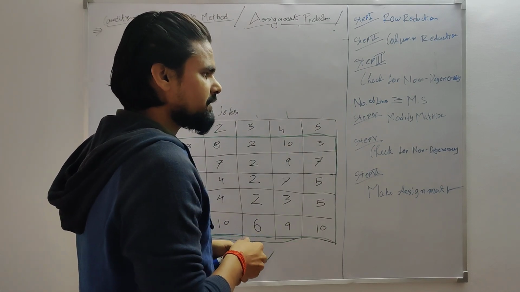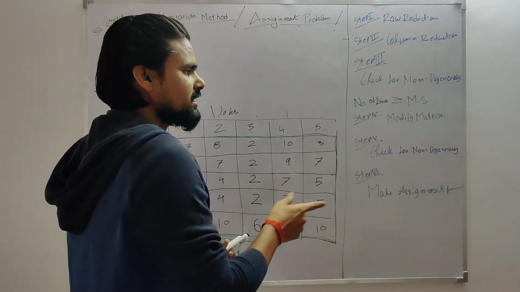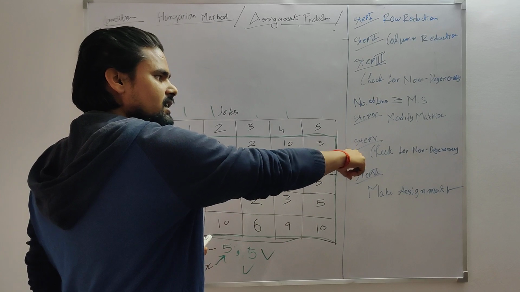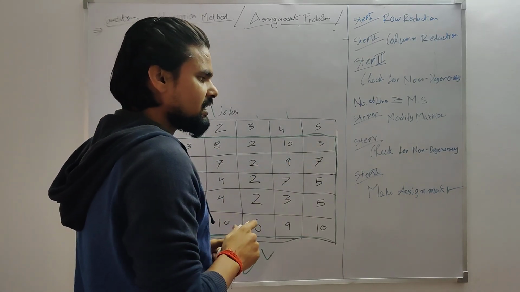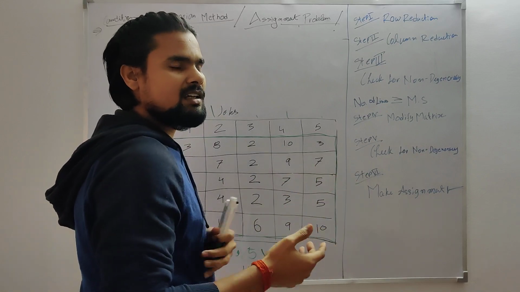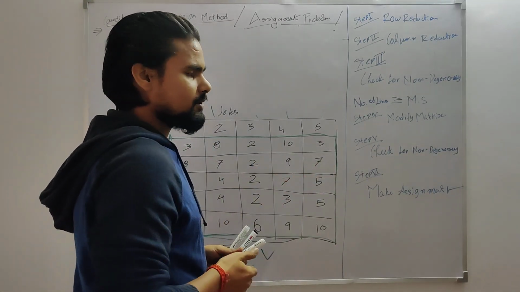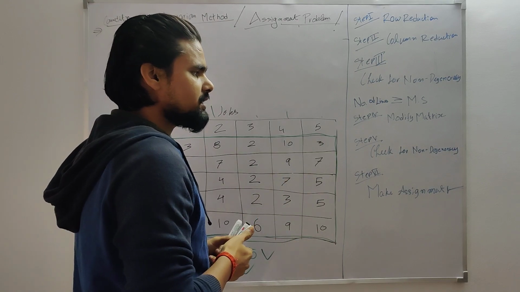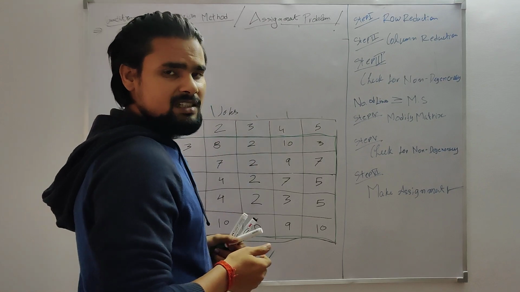Then fifth, after modifying the matrix, we again check whether it is non-degenerate or not. Then we make the assignment. After this we will have a solution, and by that solution we will know which job should be assigned to which person.